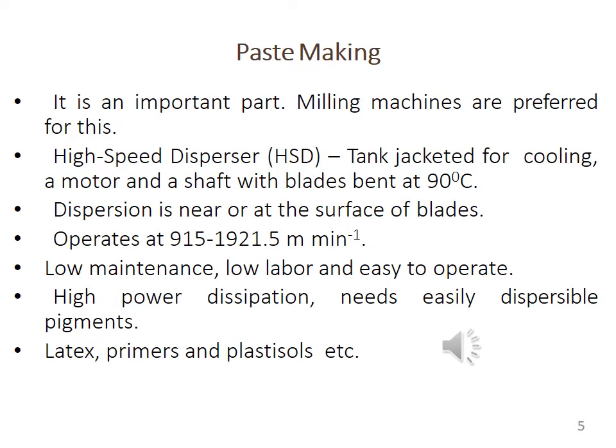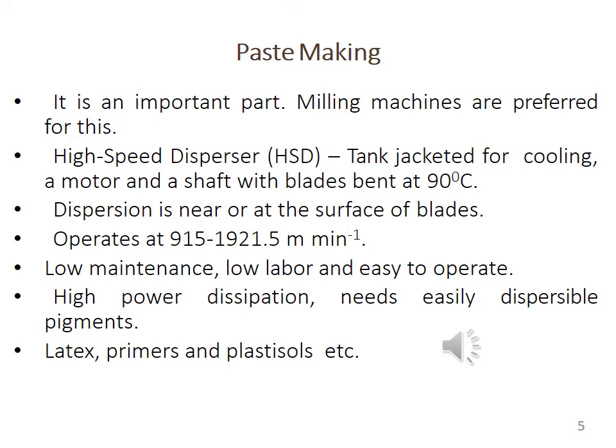So dispersion is near or at the surface of blades. How does dispersion take place? Mostly in this process, the dispersion takes place near or at the surface of blades. So the process of dispersion takes place at the surface of blades.